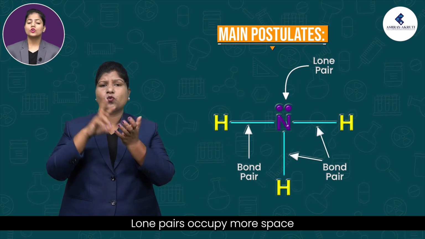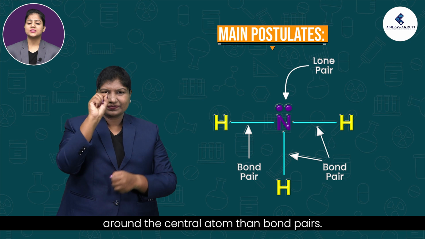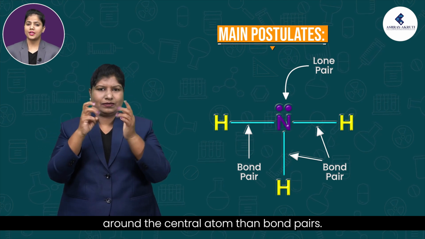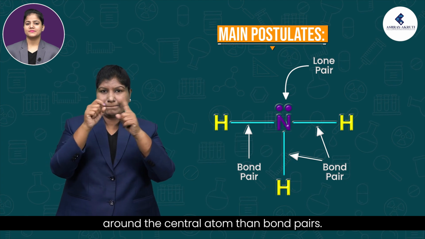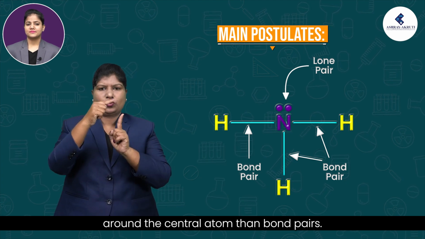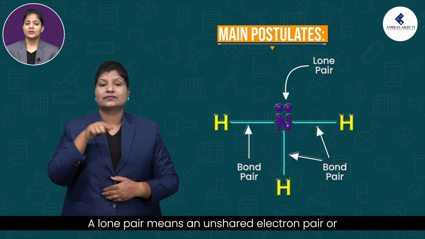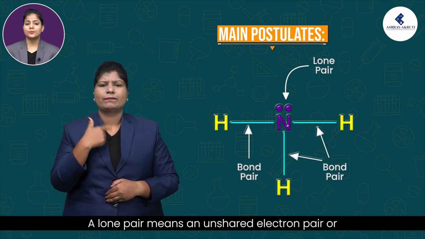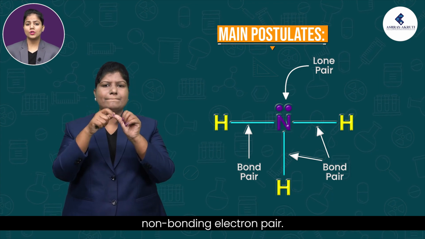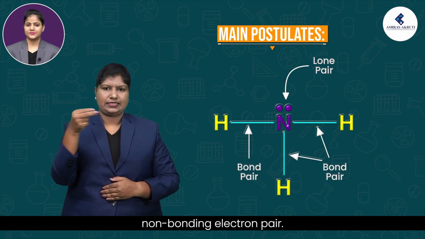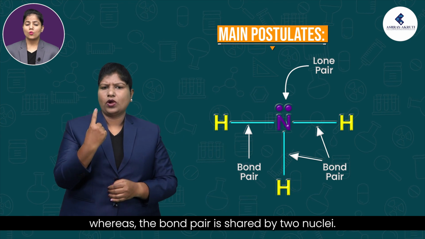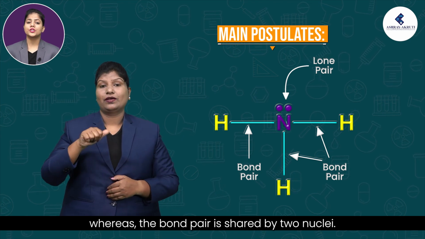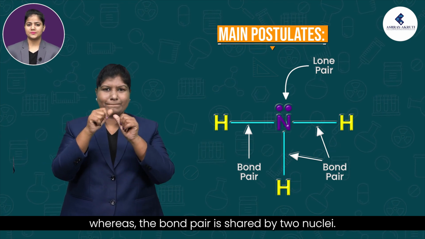Lone pairs occupy more space around the central atom than bond pairs. A lone pair means an unshared electron pair or non-bonding electron pair. These are attracted to only one nucleus, whereas the bond pair is shared by two nuclei.